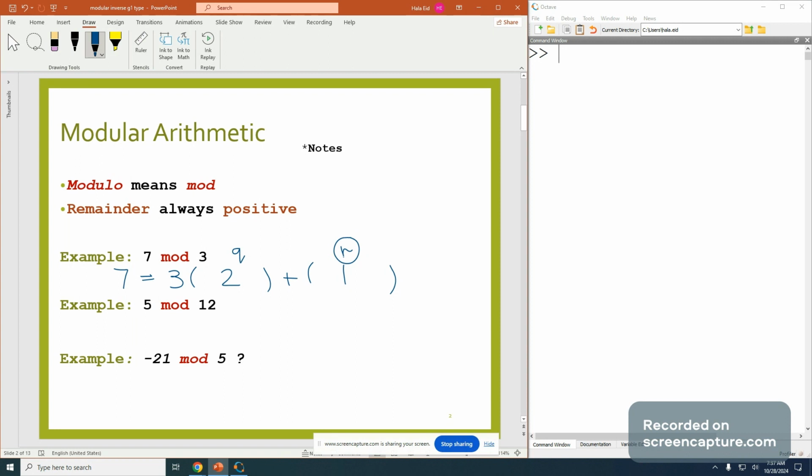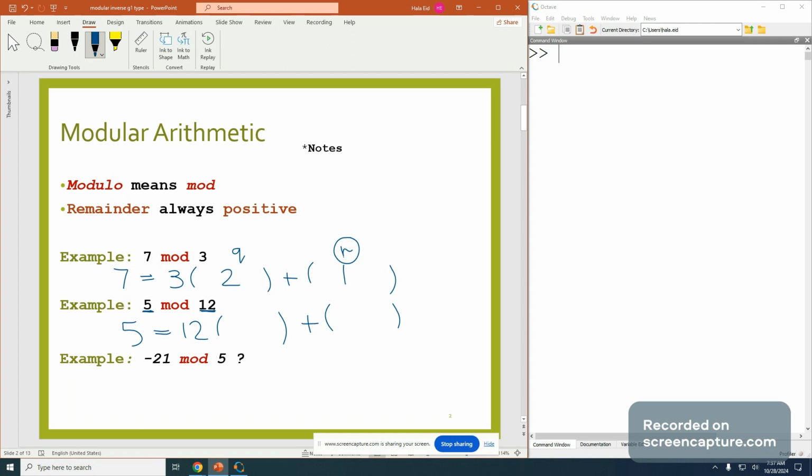Let's go to the next example, 5 mod 12. You can see here that 5 is smaller than the 12. So in this case, what is the answer going to be? Let's just follow the steps. 5 is equal to 12 times what quotient plus what is the remainder. So if you divide 5 over 12, it's 0 point something.